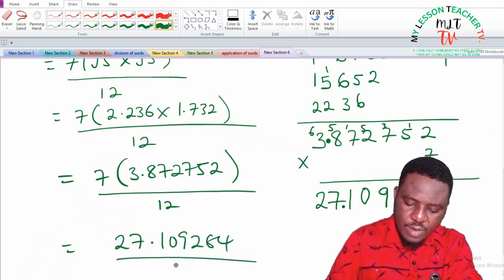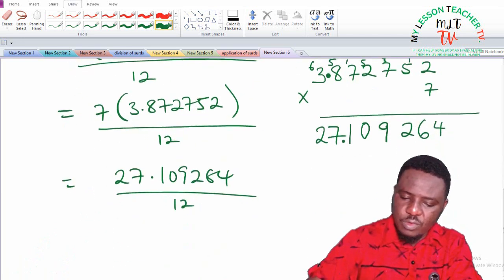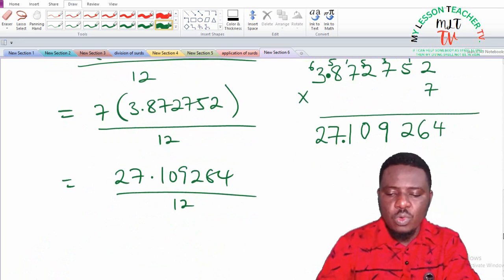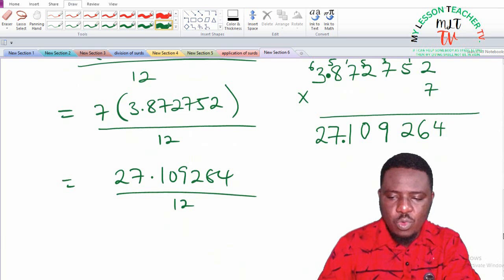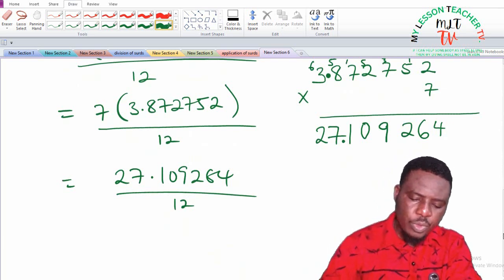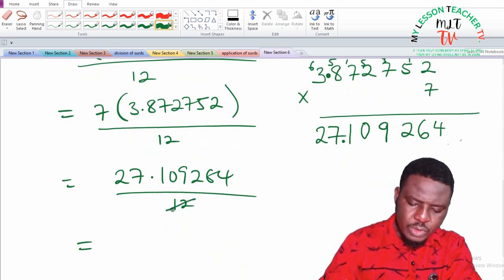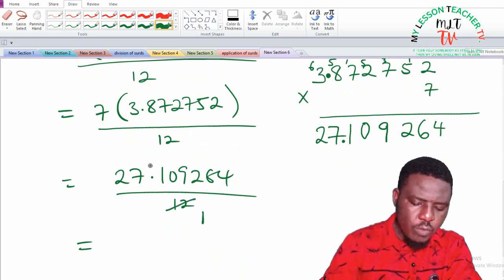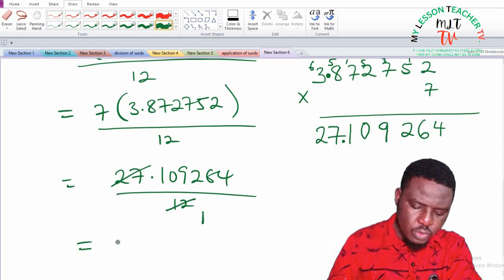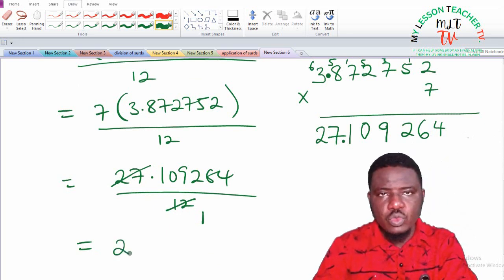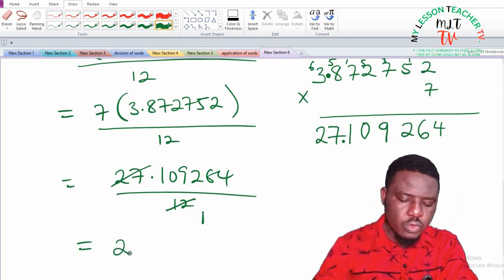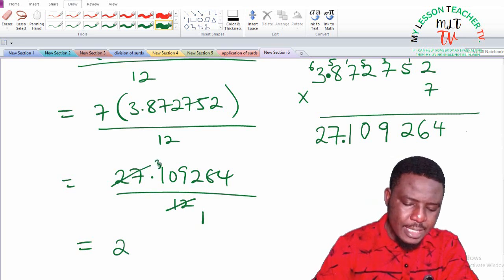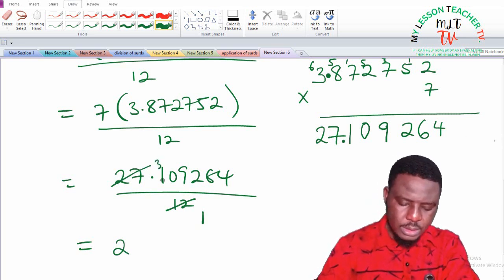So this is equal to 27.10924, all divided by 12. I'm doing this for those who are still having issues with division and multiplication. This will enable you to master how to divide and multiply without the use of calculator. So to be divided by 12, 12 into itself is 1. 12 into 27 is 2, for 2 times 12 is 24. So 2 remainder 3. This becomes 31.